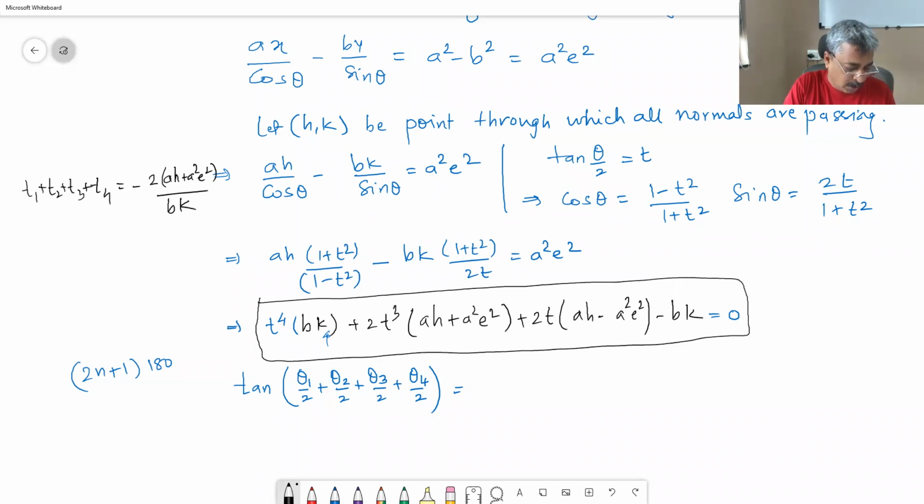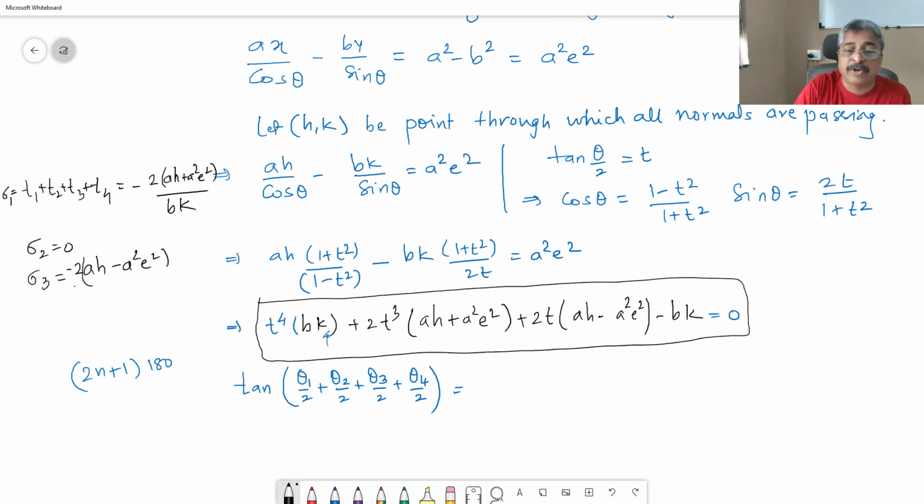Sigma 2 happens to be 0 because there is no term of T square, and sigma 3 is minus 2 into AH minus A square E square divided by BK.